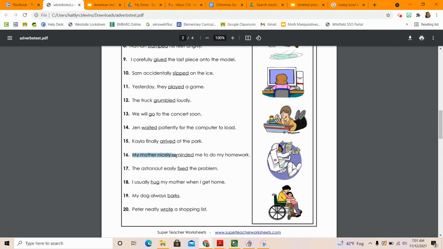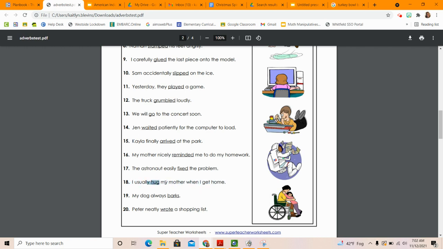16, my mother nicely reminded me to do my homework. The verb is reminded. What word describes reminded? 17, the astronaut easily fixed the problem. Fixed is the verb. What's the adverb? 18, I usually hug my mother when I get home.